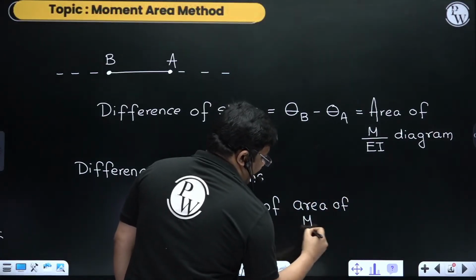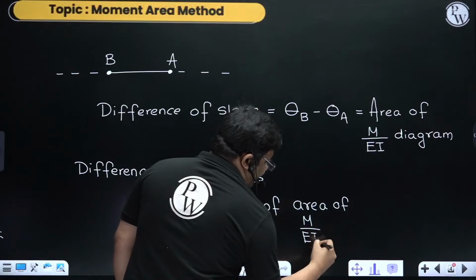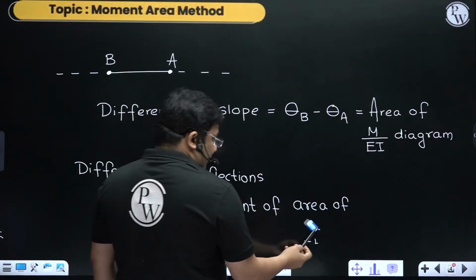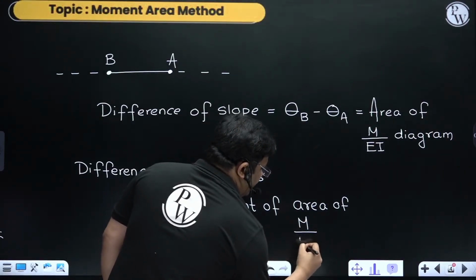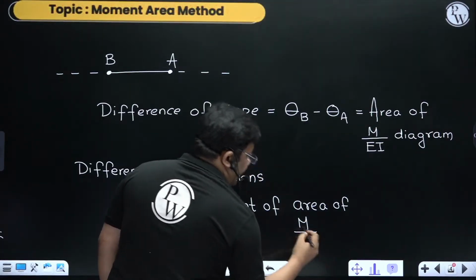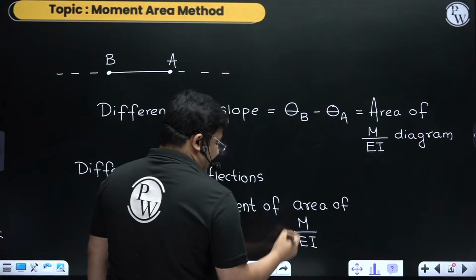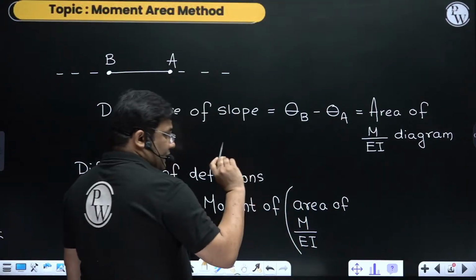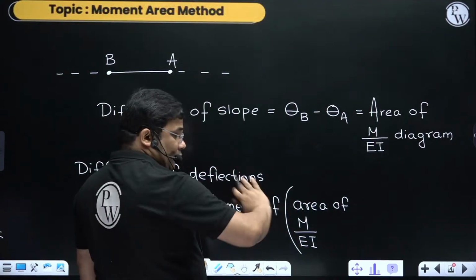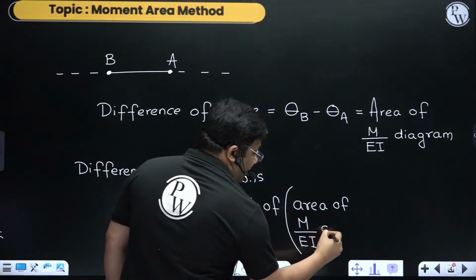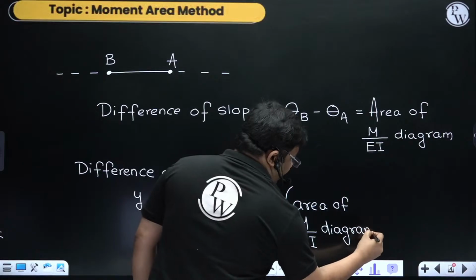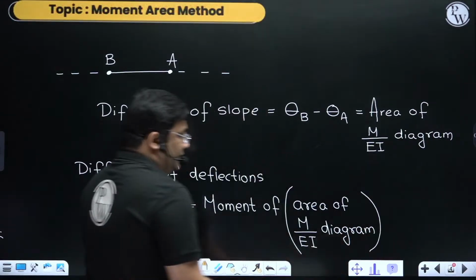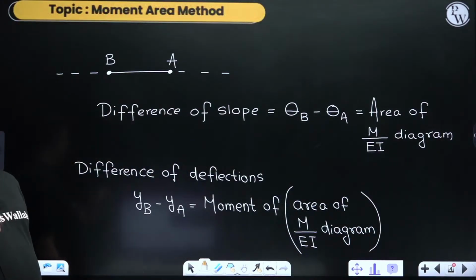So we will take the moment of the area. How we take it, we'll understand when we solve the question. So the moment of the area of the M by EI diagram. But when we take a moment, the moment has to be taken about some point.